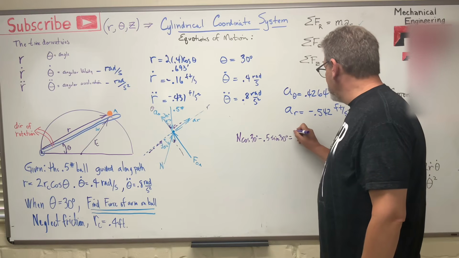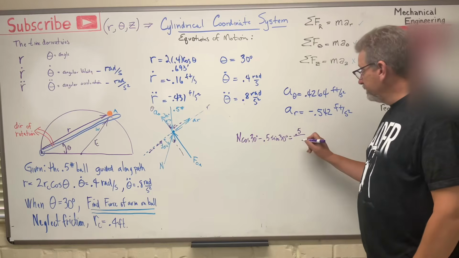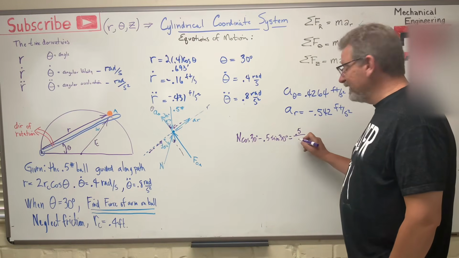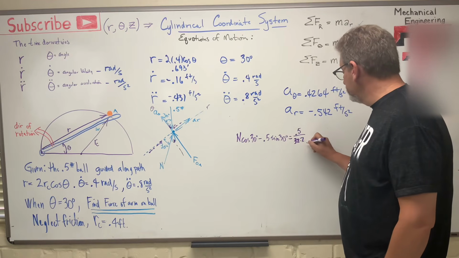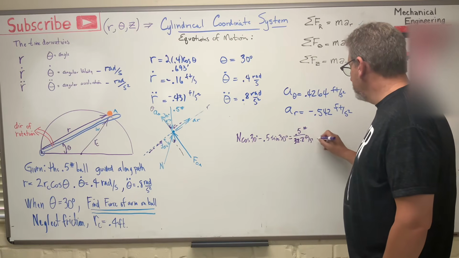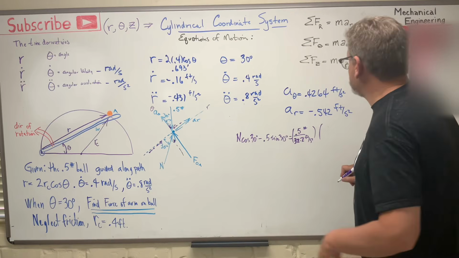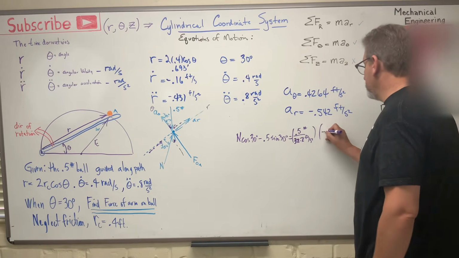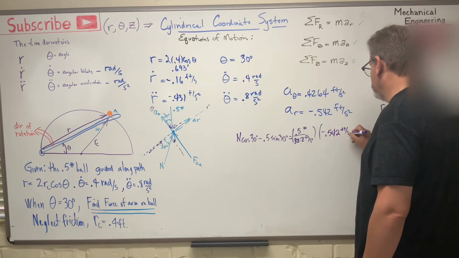0.5 divided by what? That's pounds, so we need that into slugs. So 32.2 feet per second squared, which will get that into slugs, times the acceleration in the R direction, which is negative 0.542 feet per second squared.